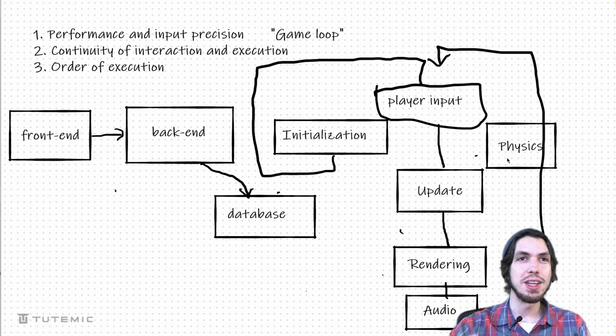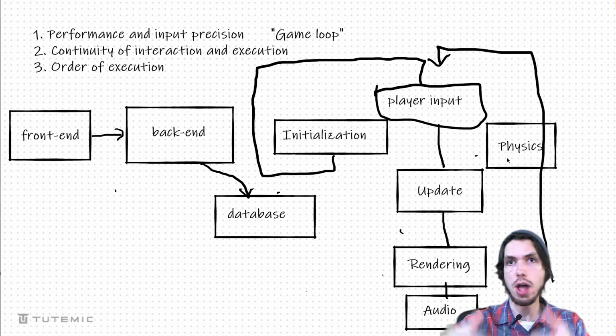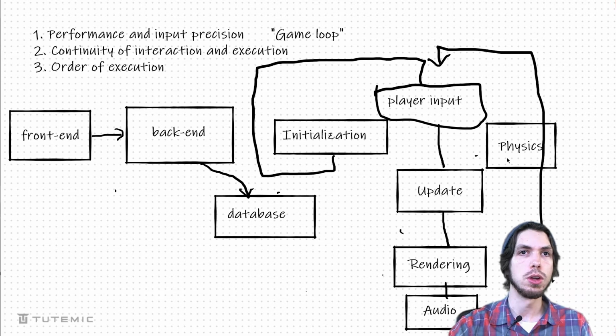And the programmer needs to be fully cognizant of the order in which these things are happening, or else if they all happen in a random order, then the game is going to possess random behavior. So it's very important that it all happens in the correct order.